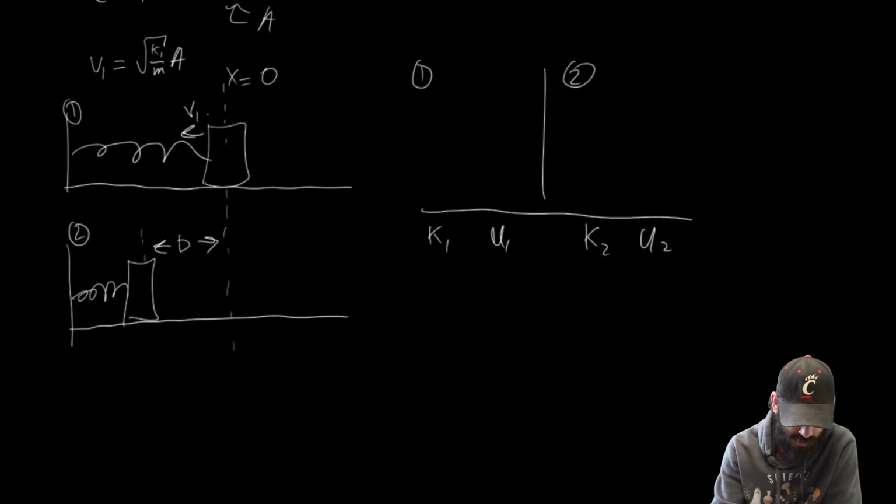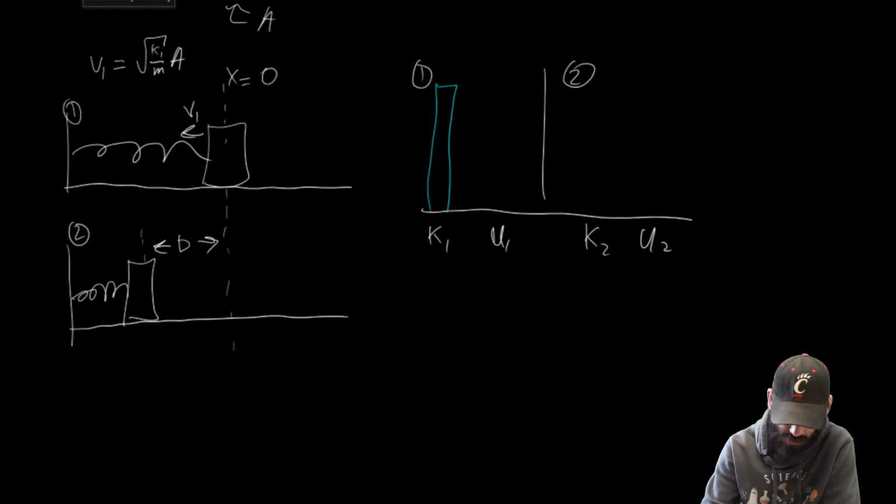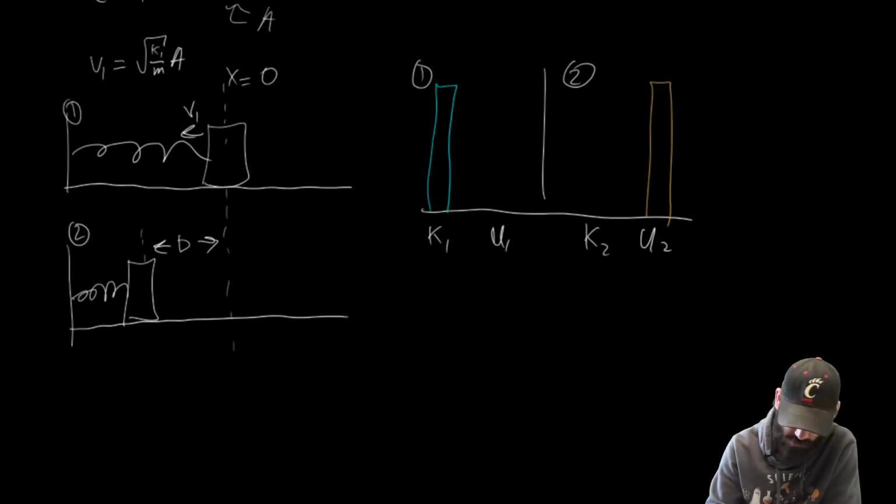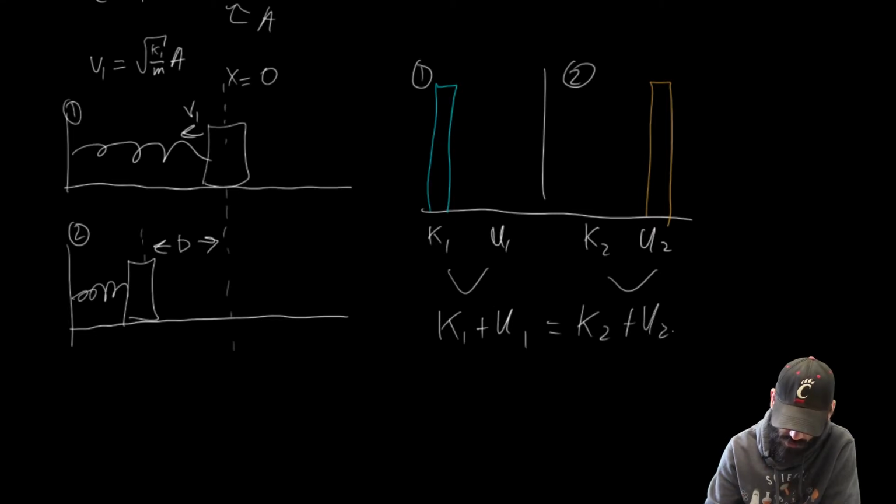In this case, all of this is going to be kinetic energy initially, and then in state 2, all potential energy, okay? So this is feeding into our conservation of energy, because K1 plus U1 is equal to K2 plus U2.